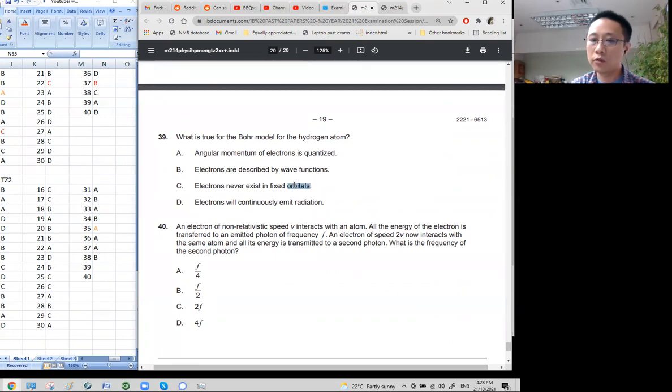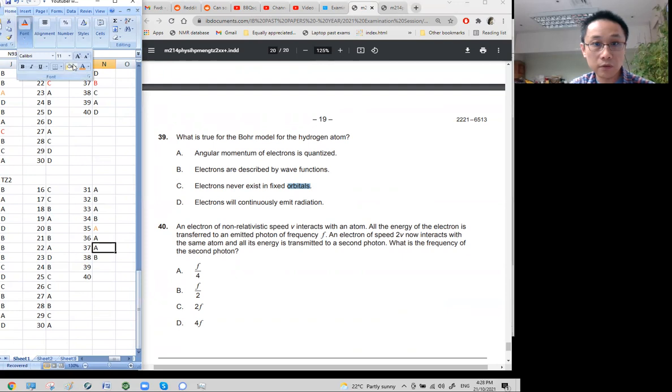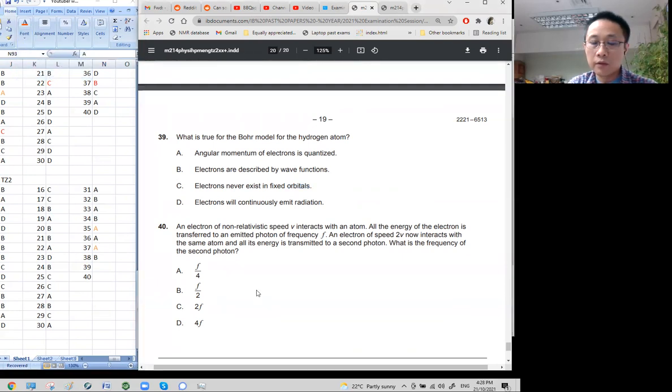But even for the Bohr model, electrons do exist in fixed orbits. But I forgot to color my 37. Electrons will continuously emit radiation? That's the postulate that Bohr makes. Bohr suggests that there are some orbits which cause the electron to not emit radiation, even though it is accelerating due to undergoing circular motion. So it should be A.